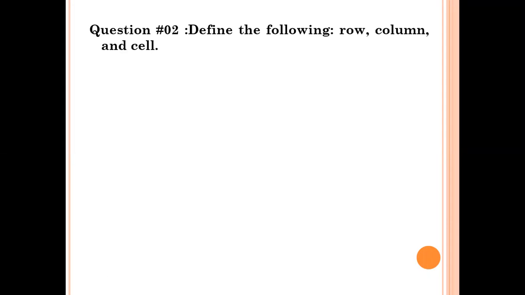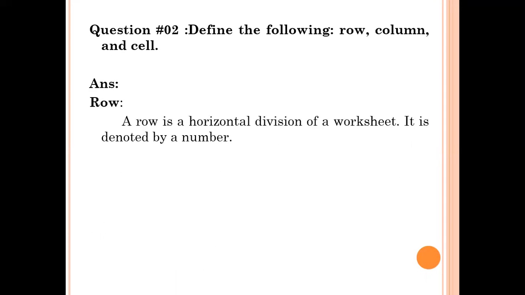Question number 2 is define the following row, column, and cell. The answer is row. A row is a horizontal division of a worksheet.